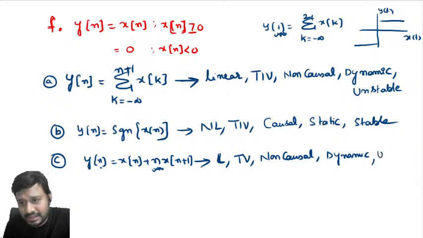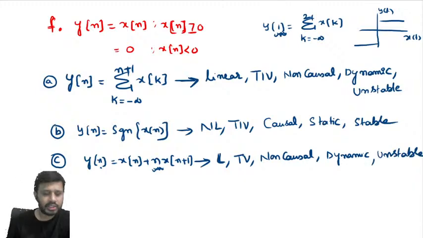So this is an unstable system. Remember, it is unstable, not stable. Please verify. So linear, time variant, non-causal, dynamic, unstable system.